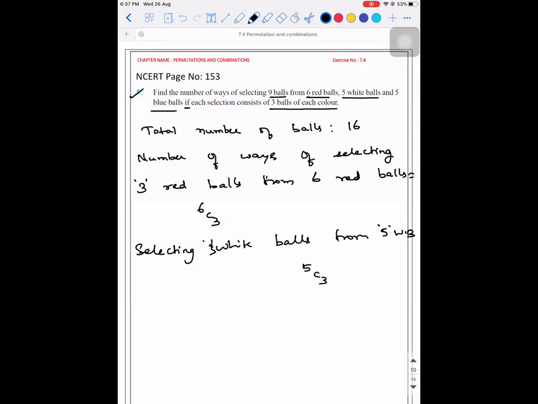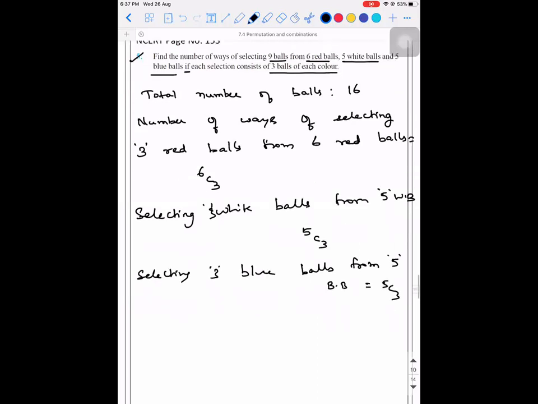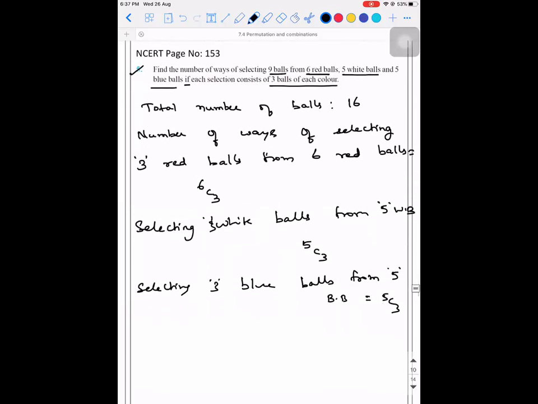That's it. Similarly, selecting 3 blue balls from 5 blue balls is again 5C3. So, do we need to multiply or add? Multiply. So you have to multiply 6C3 into 5C3 into 5C3.